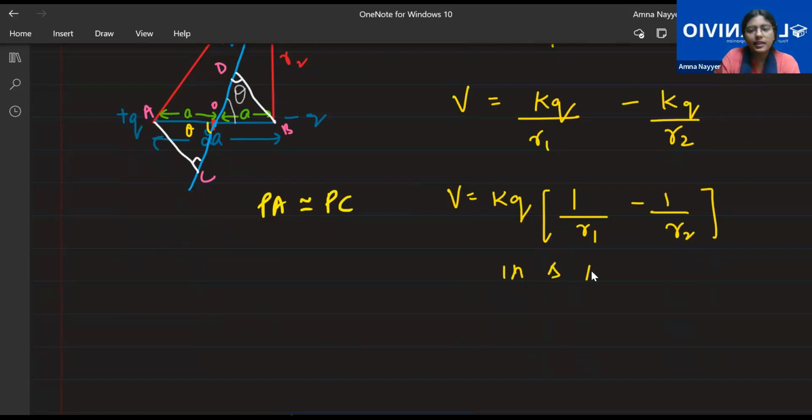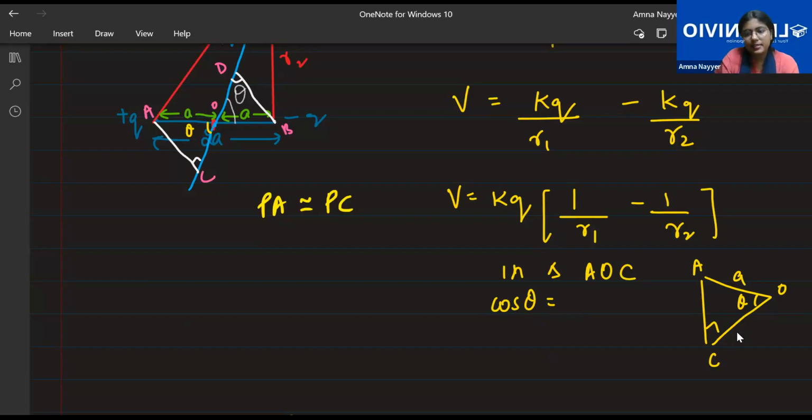In the triangle AOC, this is A, this is O, this is C. This is the perpendicular, this is the angle, and this is side A. If I calculate cos theta, cos theta will be base, that is OC, by hypotenuse, that is A. So I'll get OC equal to A cos theta.